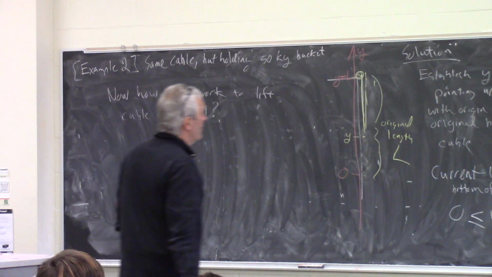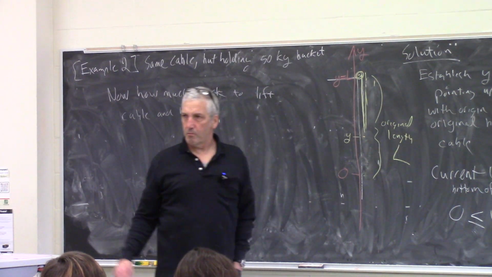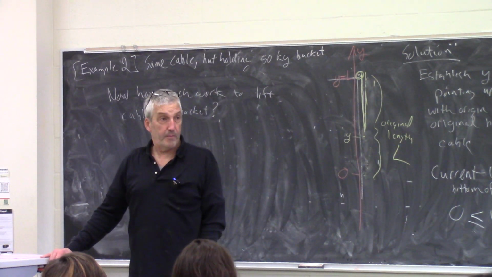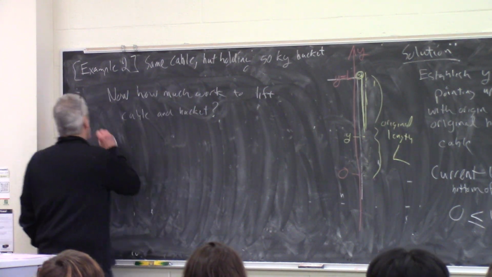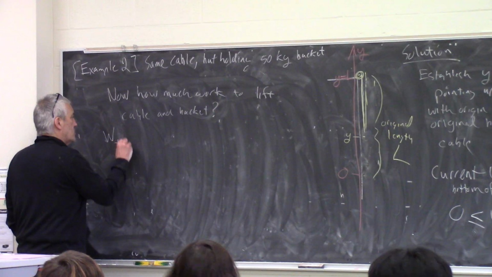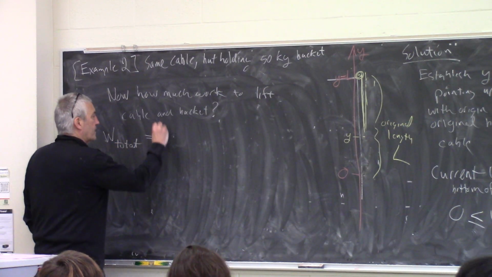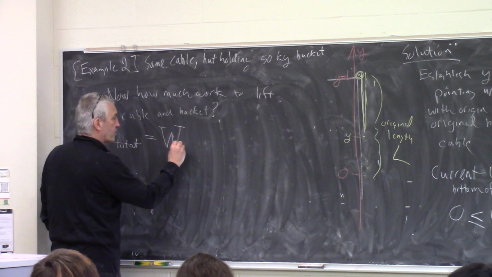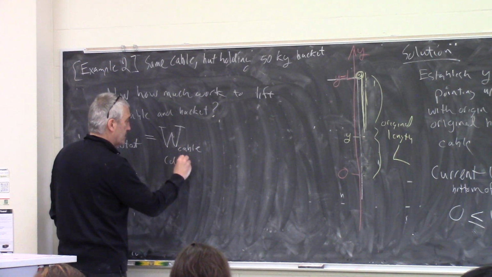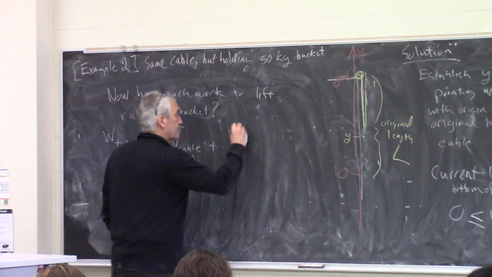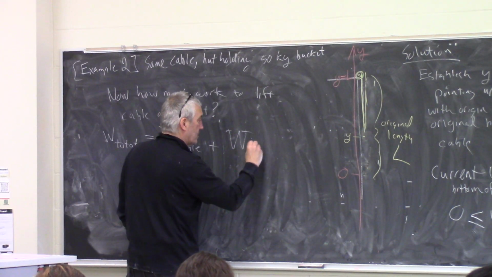Well, clearly we already know how much work it takes to lift the cable. That's not going to change. So there's going to be two components. The work of the cable, which we've already done, plus the work to lift the bucket.